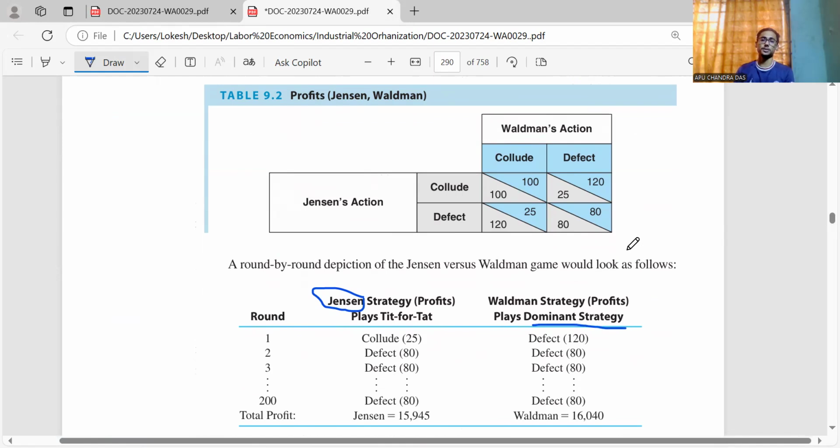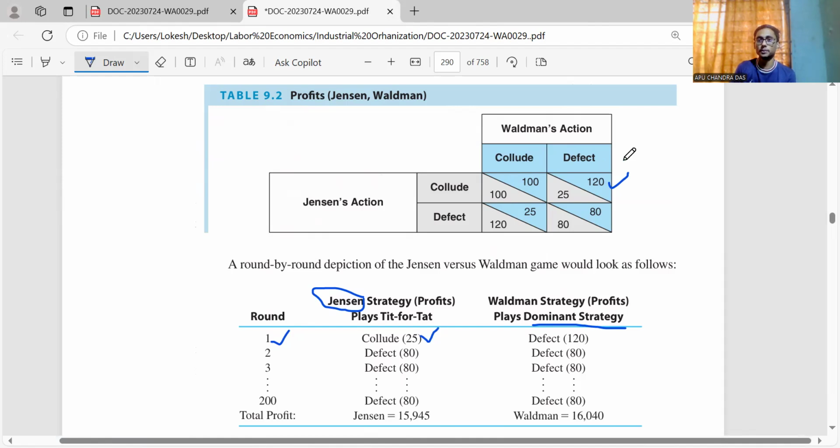If so, then Janson in round 1 will play collude, but since we have assumed that Waldman will always play the dominant strategy, if we look at the payoff matrix, we see that when Waldman plays the dominant strategy of defect, it means 120 for Waldman.